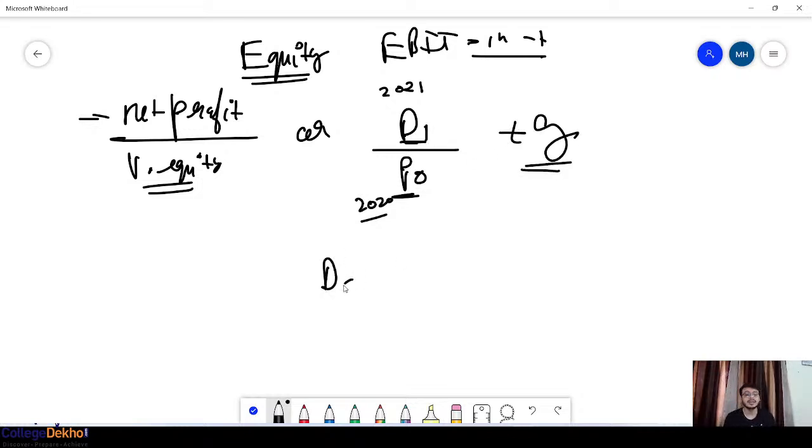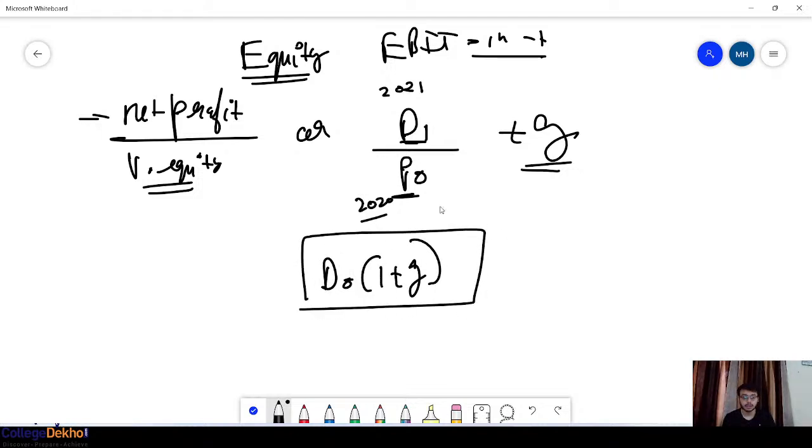Nothing but जो D0 का dividend है 1 plus growth rate. That's it. The dividend will be given to you in the question for the current year. उससे तुम D1 निकालोगे for the next year. Growth rate will be given to you and this is the current PO, current share price, year 0.